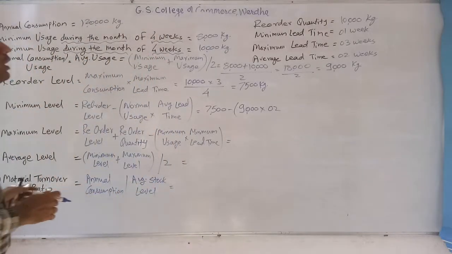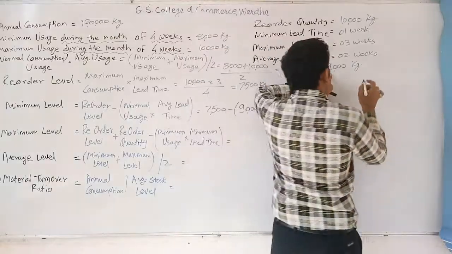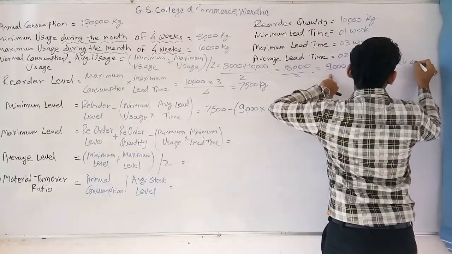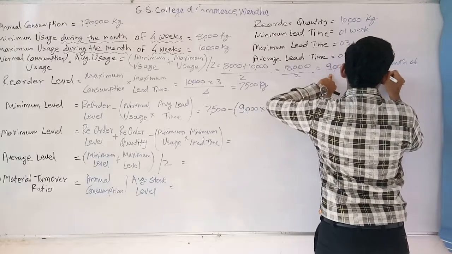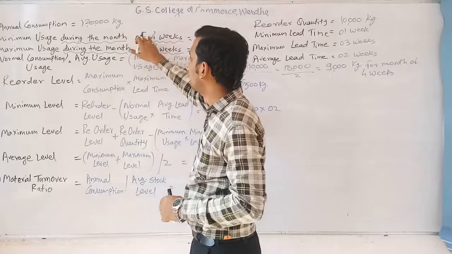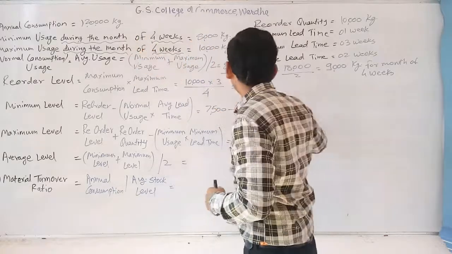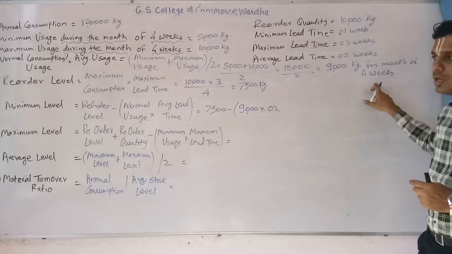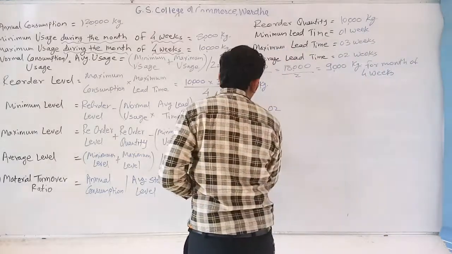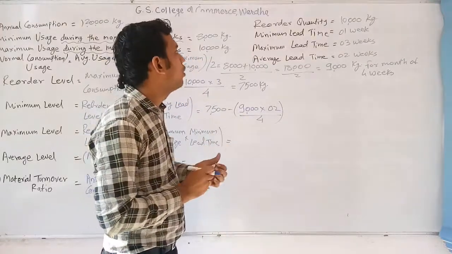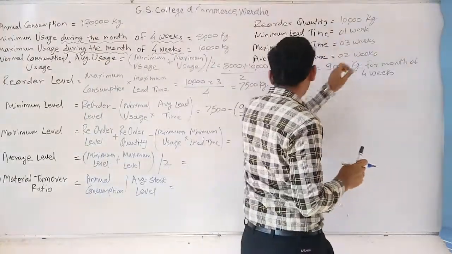But again, we have been given the normal usage, and we have calculated it for the month. This normal usage that we have calculated is for the month of 4 weeks, as the values we put in the formula were on a monthly basis. Hence we have to again divide it by 4 so that we can get our weekly information, as all other units are given on a weekly basis.